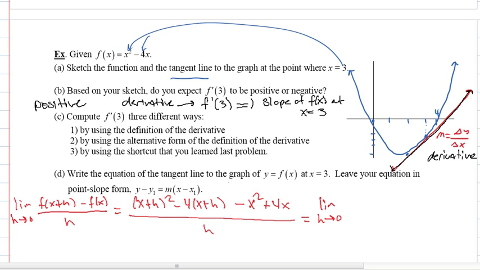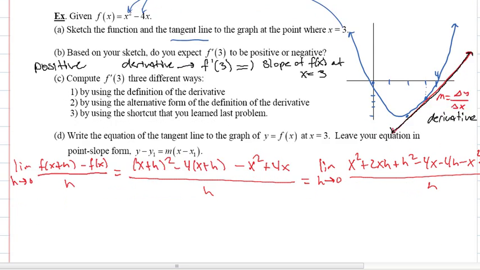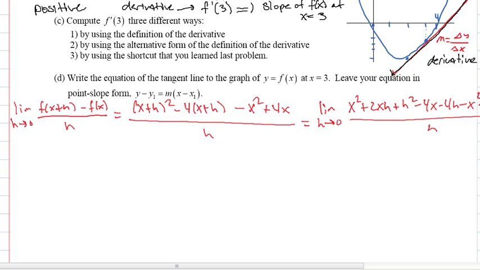Square the binomial, so it's x squared plus 2xh plus h squared minus 4x minus 4h minus x squared plus 4x, all over h. Once we're done multiplying everything out, you'll notice that the x squared terms cancel, the 4x terms cancel, and we're left with the limit as h approaches 0 of 2xh plus h squared minus 4h.